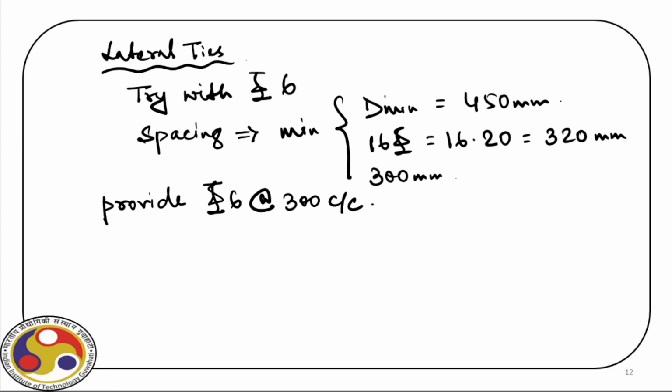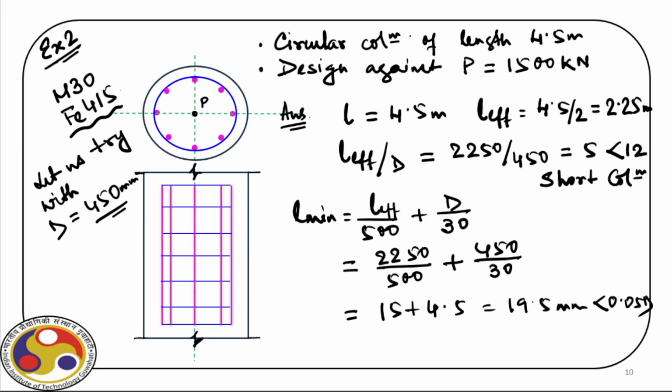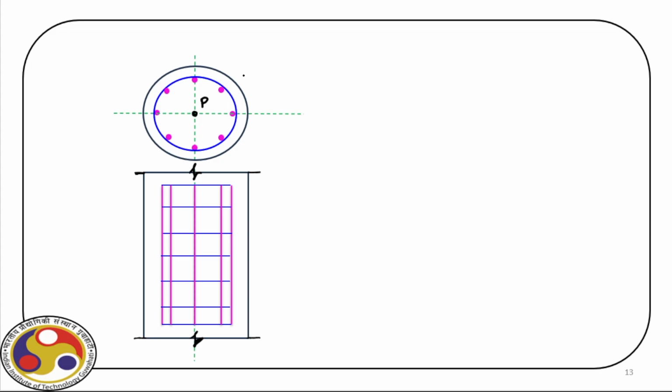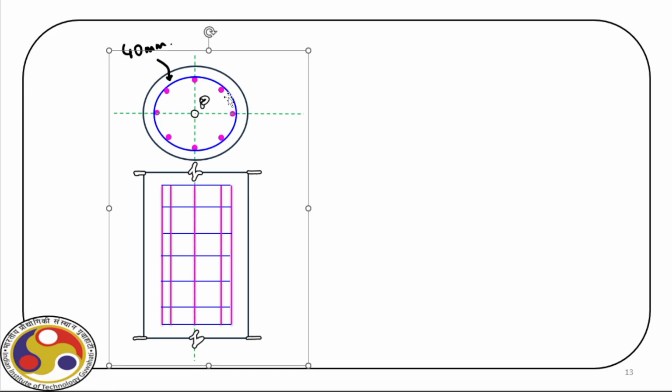Then let us complete the detailing. For that, we have the figure here. So we provide a clear cover of 40 millimeter. Then again, here we have more bars. So let us reduce it.